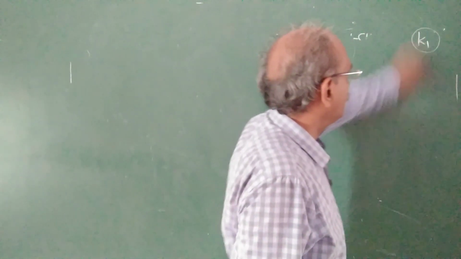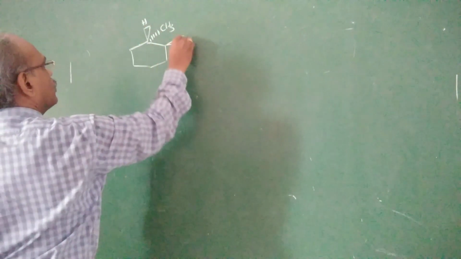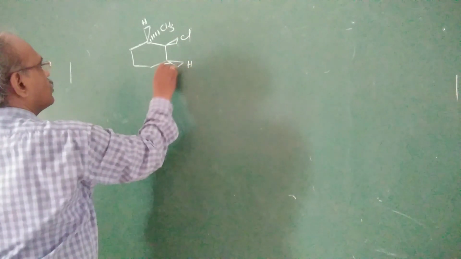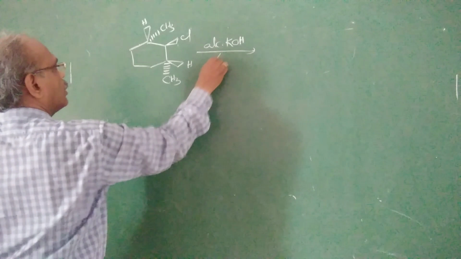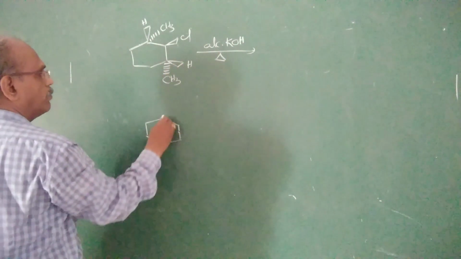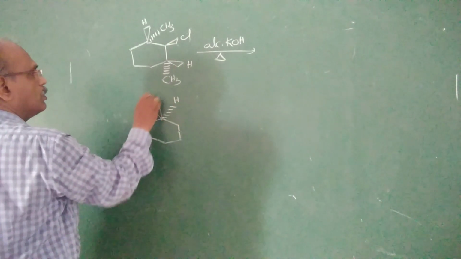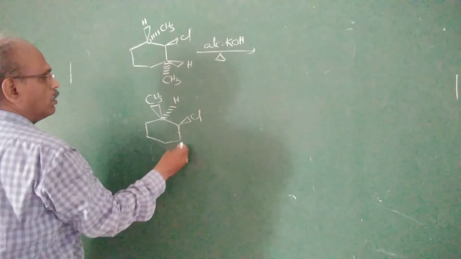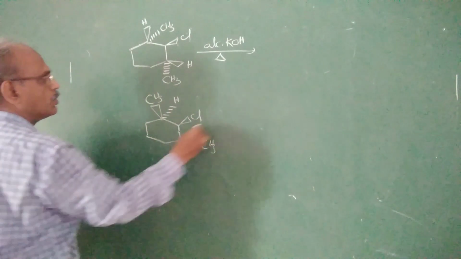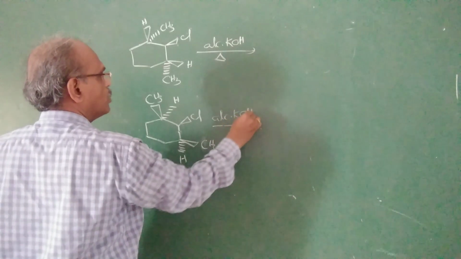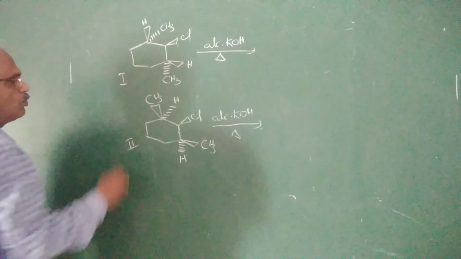Next, see this. If you look at this, say here CH3, H, here Cl, H, CH3, alcoholic KOH, heat, and here H, CH3, this is Cl, and here this is CH3, H. See the difference in the arrangement of groups, compound 1, compound 2, both are isomers.